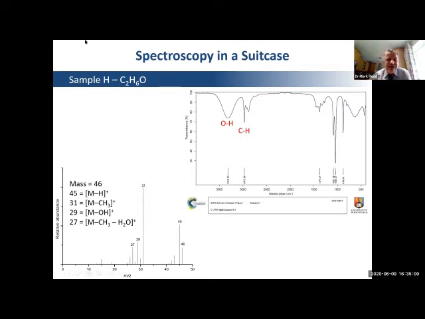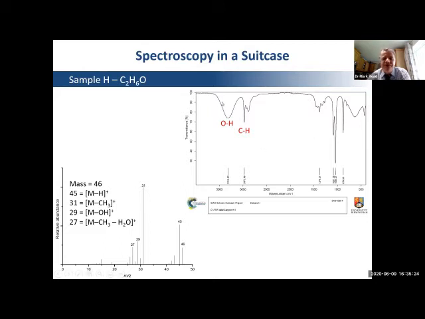For this particular case, we have sample H. We look at the infrared. There's clearly a nice broad OH peak. The CH peak is interesting from a spectroscopic point of view, but not very helpful to identify it because all organic compounds have CHs in them. So that's not particularly useful to us. What is useful is the absence of that C double bond O stretch.